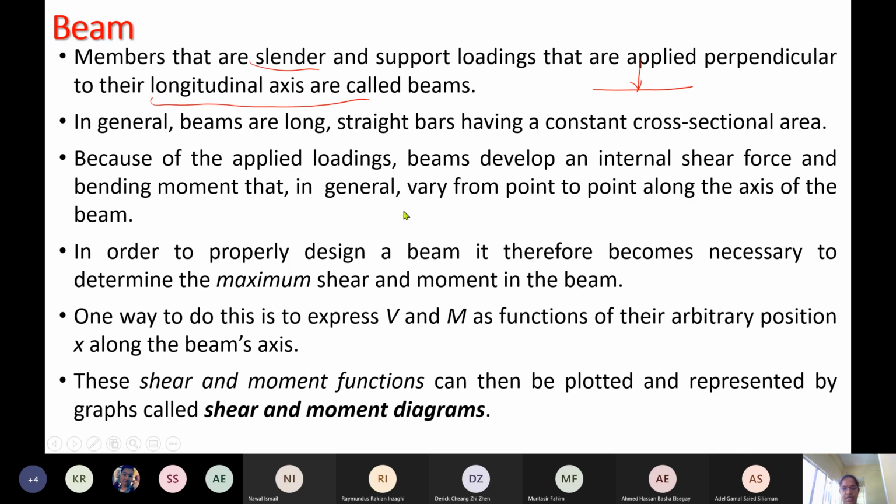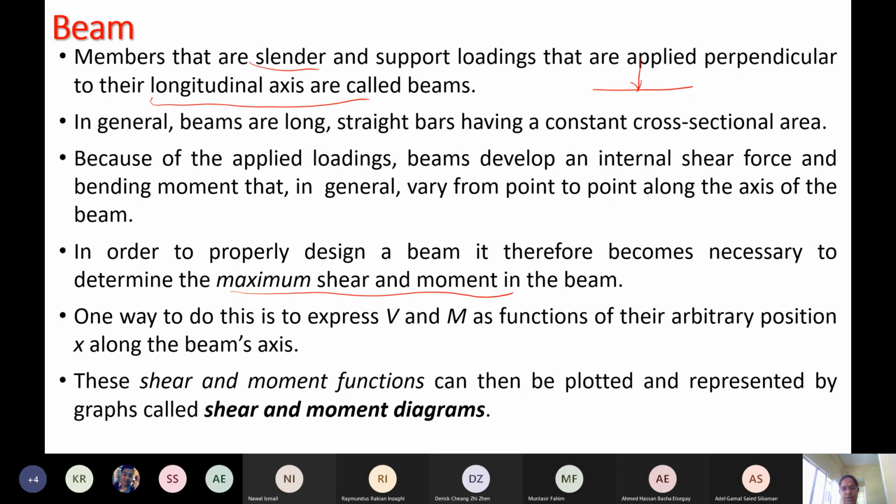When the loading is varying, automatically the shear force and bending moment will vary. In order to properly design a beam, it therefore becomes necessary to determine the maximum shear and bending moment in the beam. So once the member is loaded, it is subjected to either shear or moment.